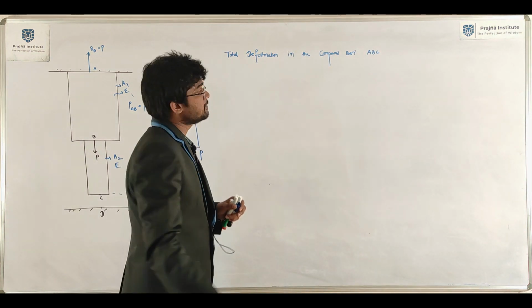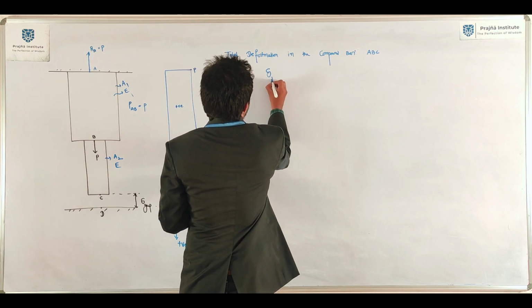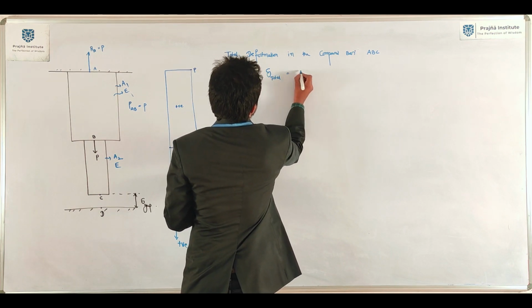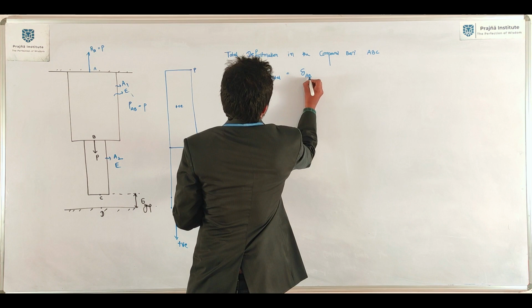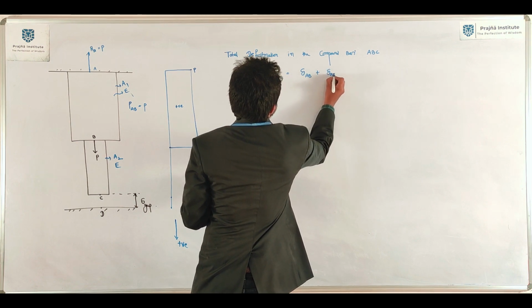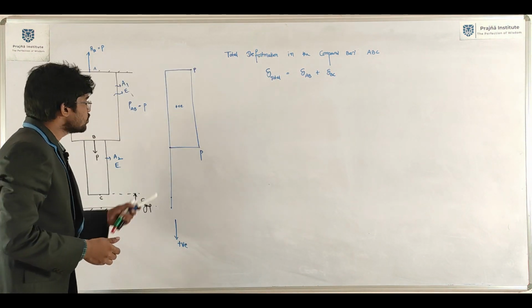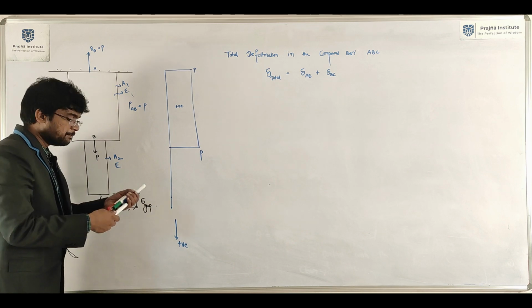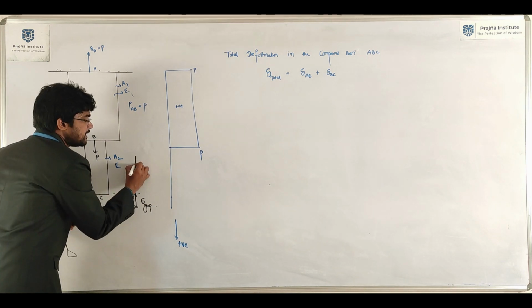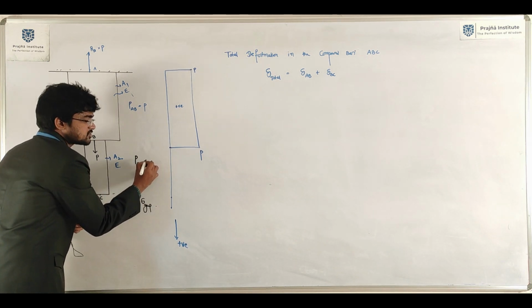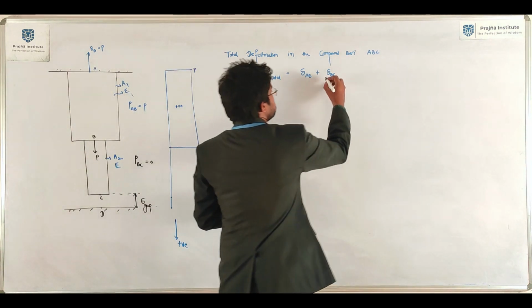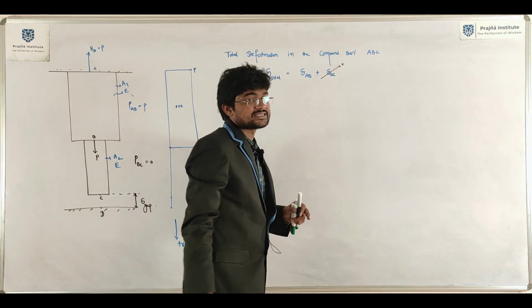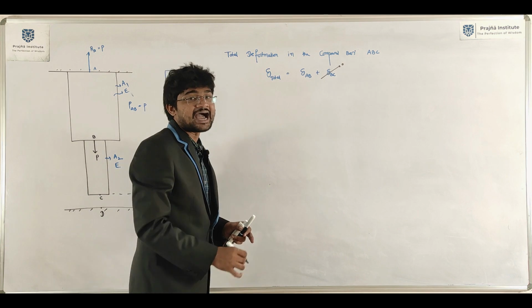For the compound bar ABC, delta total equals delta AB plus delta BC. Of course, there is no load acting in the portion BC. That is why PBC equals 0, so delta BC equals 0. What is delta AB?